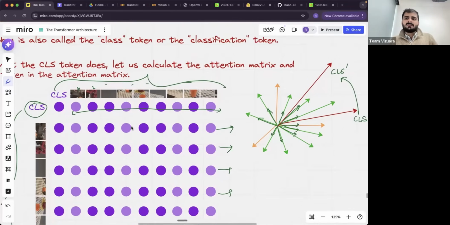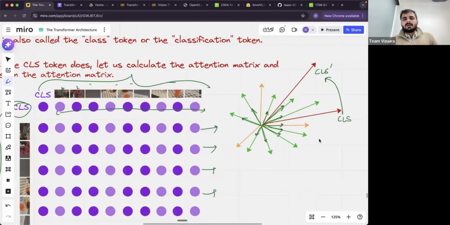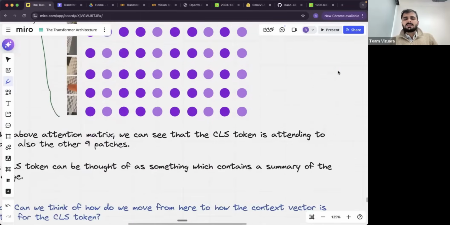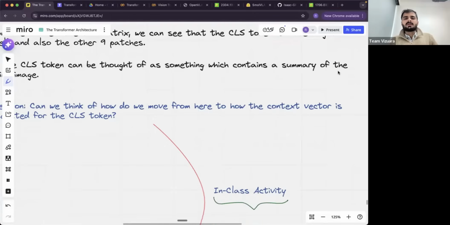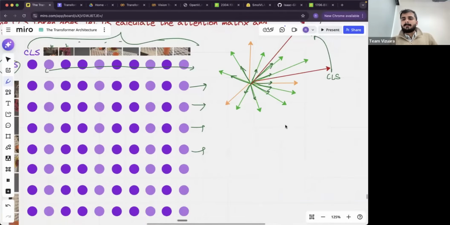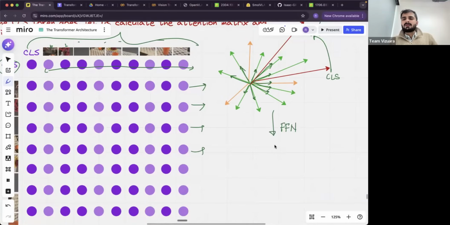There is no standard value. Then this modified context vector is passed through a feed forward network and you create a final context vector, same as we did for the transformer encoder.